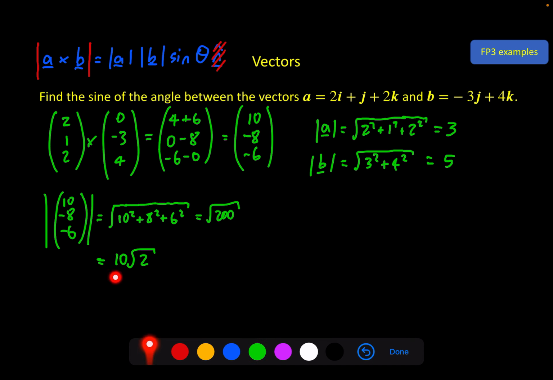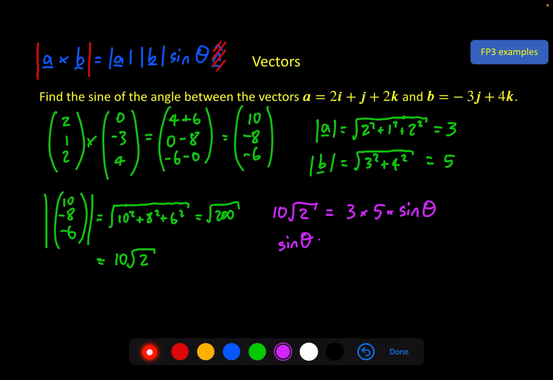So putting these three things together, we can write that the left-hand side, 10 root 2, the magnitude of the cross product of A and B, is equal to magnitude of A, 3, times the magnitude of B, 5, times the sine of the angle between them.